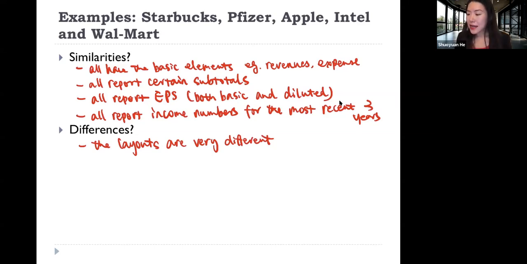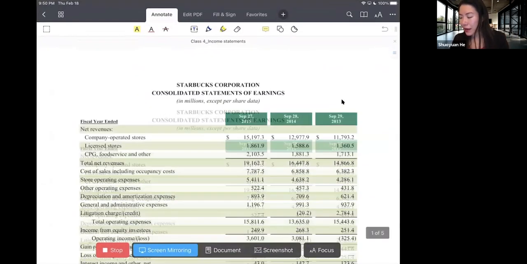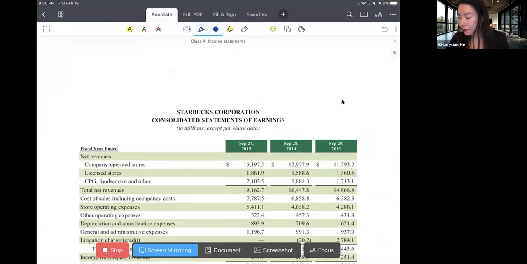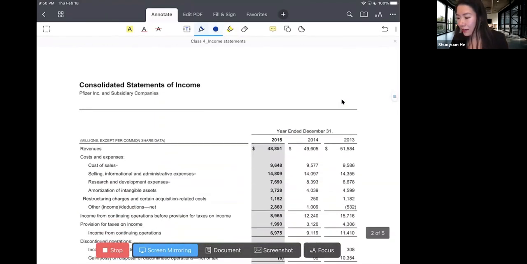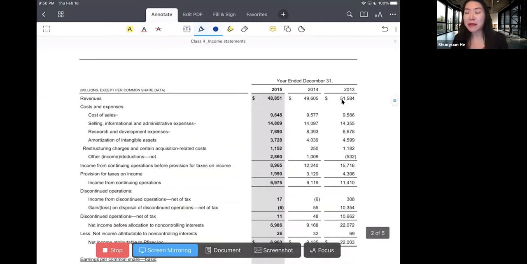And then the second difference is each item. So the specific items included in those income statements are very different. Let me give you an example. For example, Starbucks is reporting something called company operated store revenue. And you're not going to see it on Pfizer's income statement.